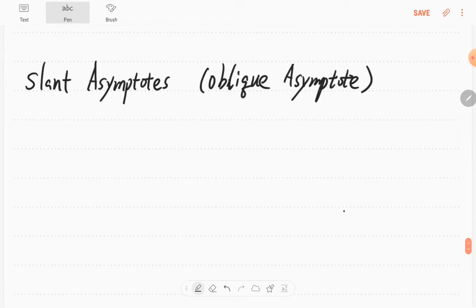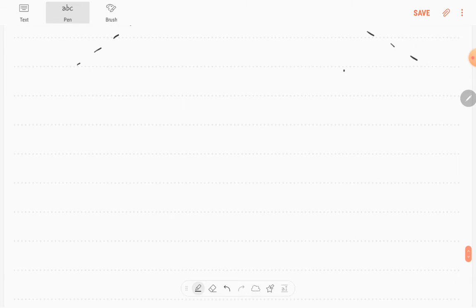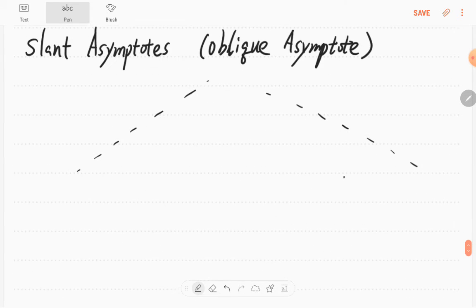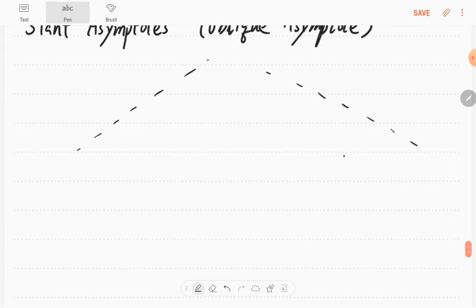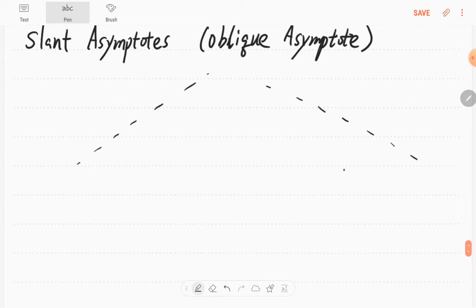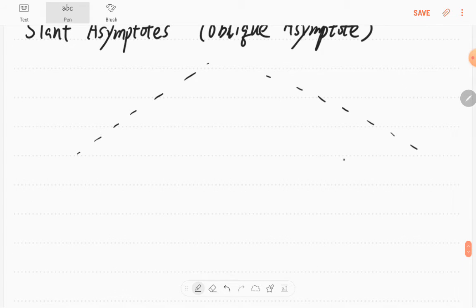Okay, so it is this kind of line, or this kind of line, right? Not horizontal and not vertical anymore. It's called an oblique asymptote.